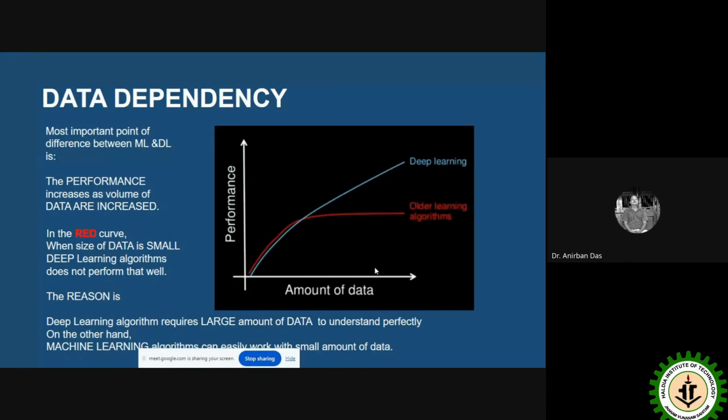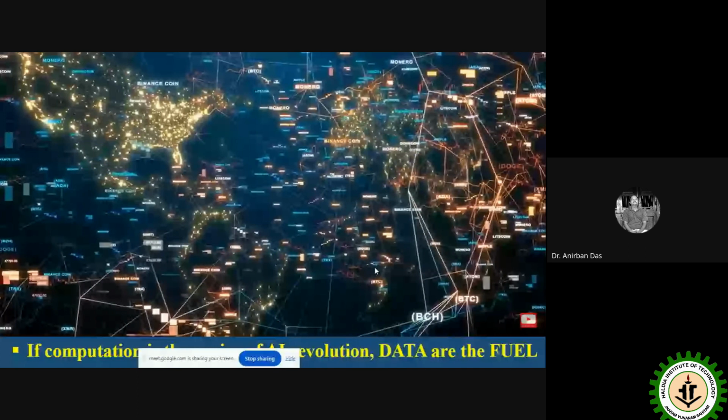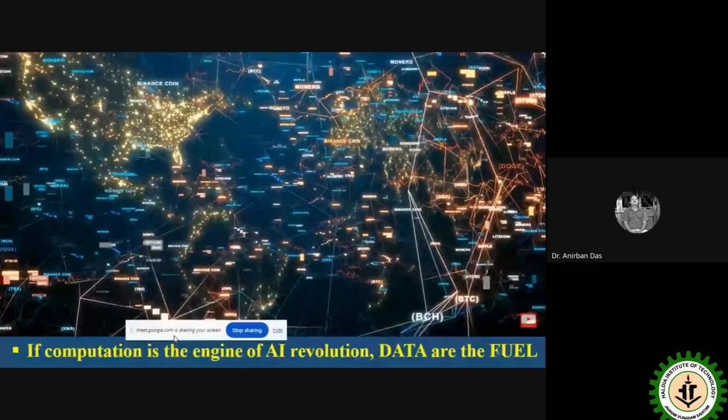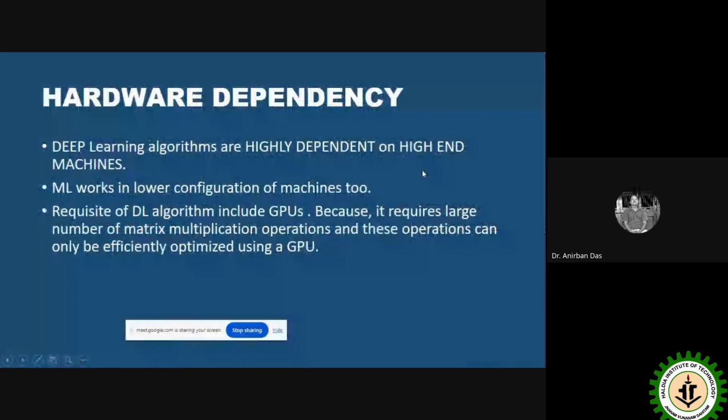If you feed a maximum amount of data, then deep learning will give the proper result. There is a common saying: if computation is the engine of the AI revolution, data is the fuel. Very fine words.